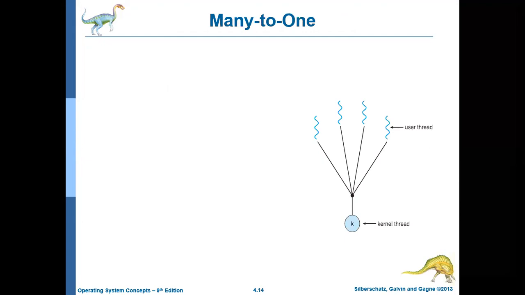In a many to one model, many user threads will be connected to one kernel thread. Before that, what is a user thread and what is a kernel thread? User threads are the ones created by the user process, and kernel threads are the ones created by the operating system.